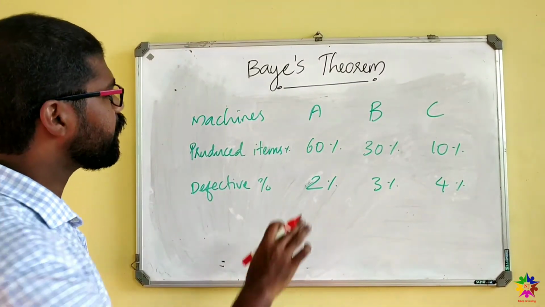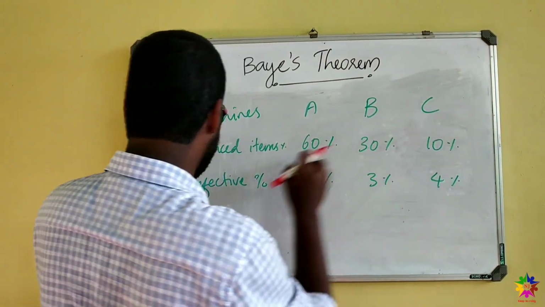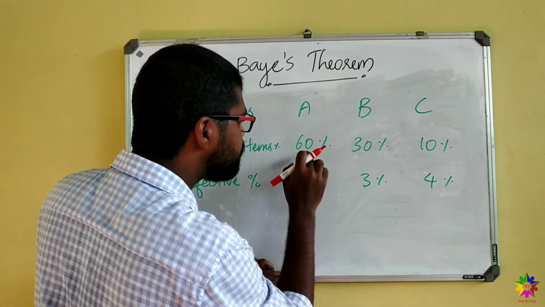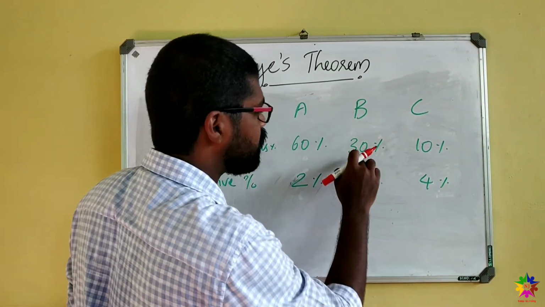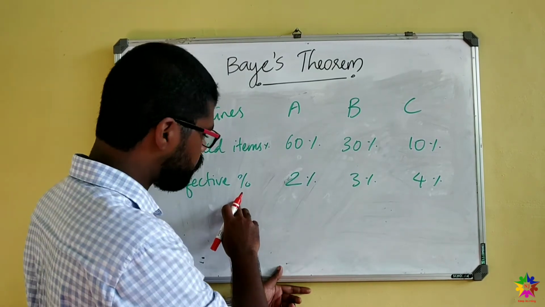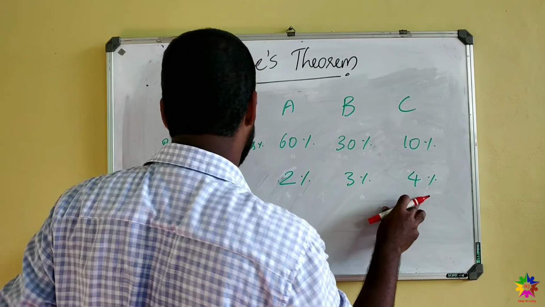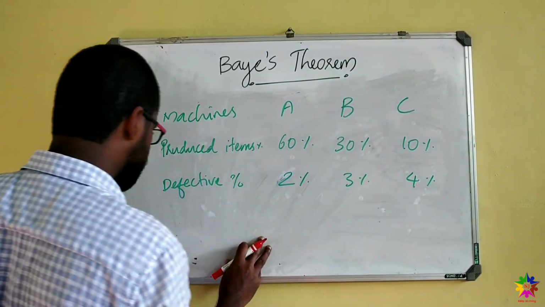So I have summarized the result. There are 3 machines A, B and C, and they produce 60% of items from A, 30% from B, and 10% from C. And the defective product percentages are 2%, 3% and 4% respectively. So let's convert this into probability.